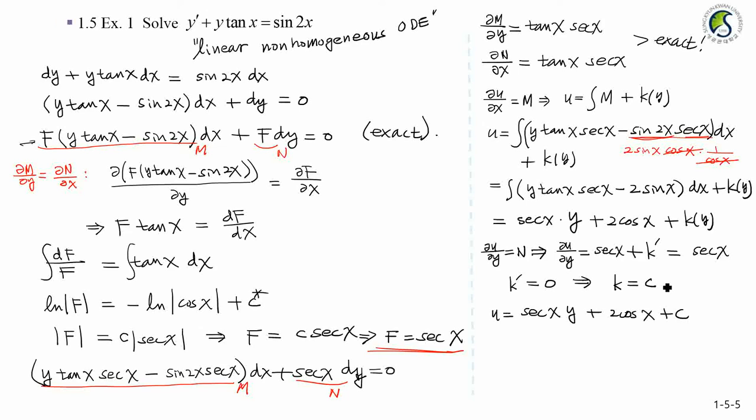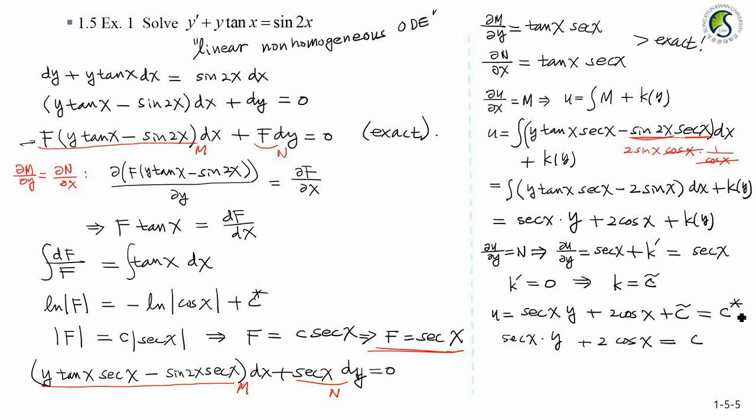If you're still confused with this integral constant, you could always verify by putting tilde or star rather than c here, and then u is the implicit solution. This one has to be some arbitrary constant, right? If you move that over, the final answer will be secant x times y plus 2 cosine x equals c.